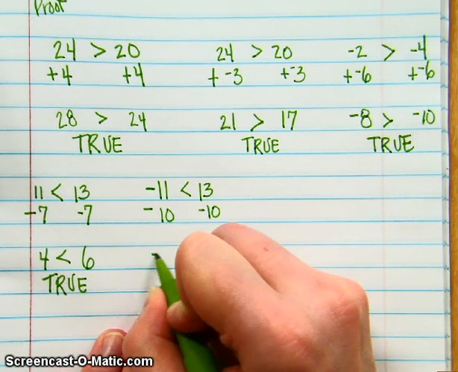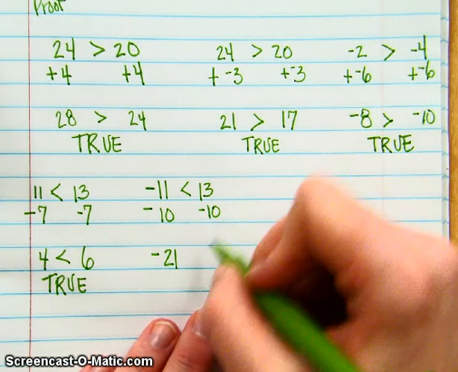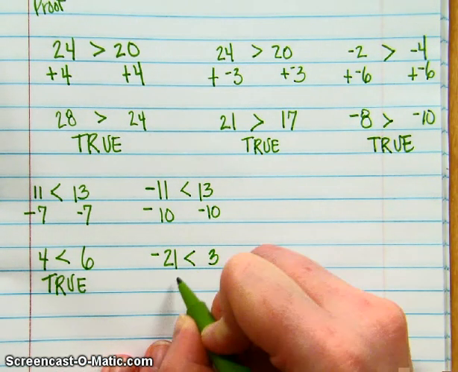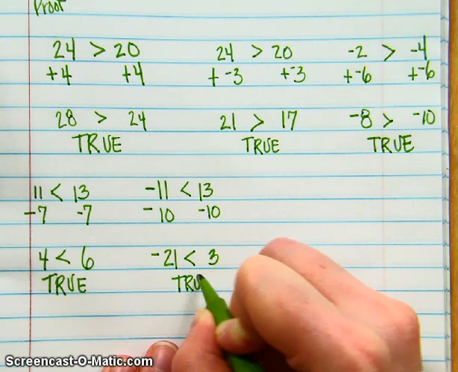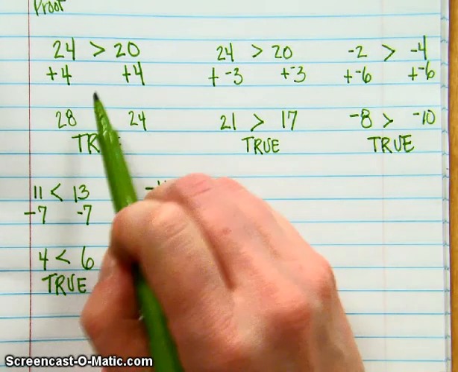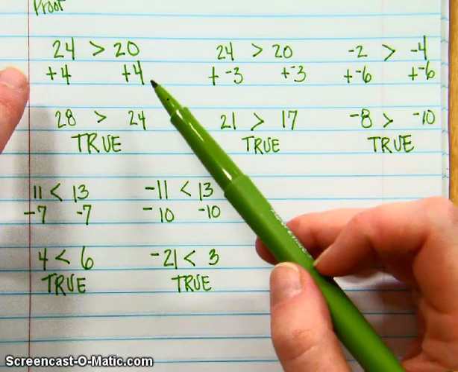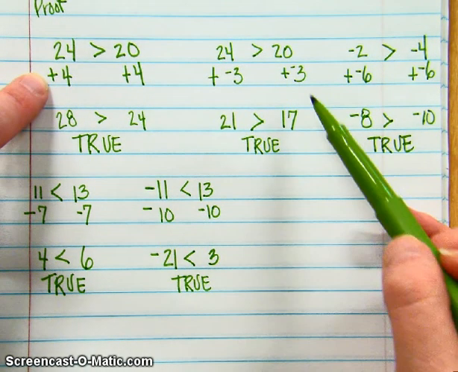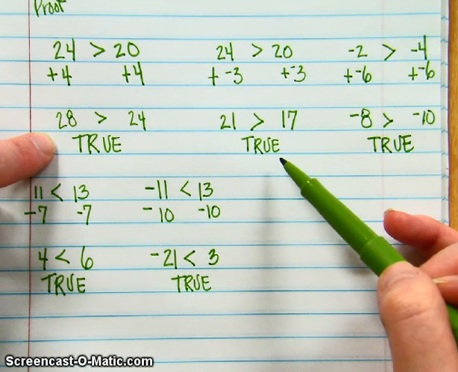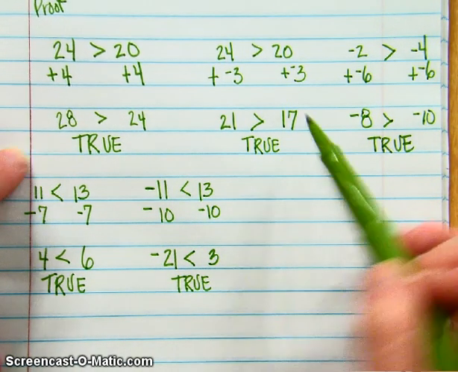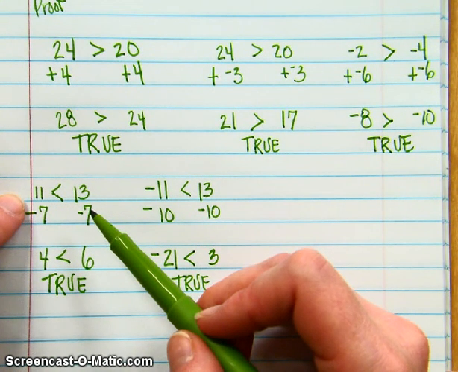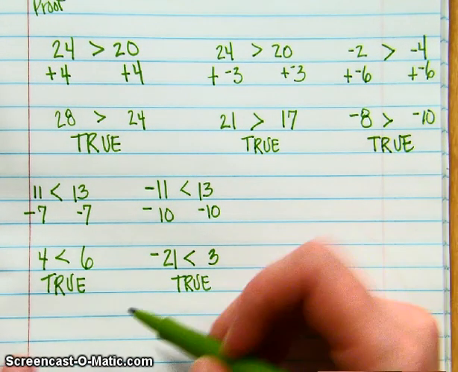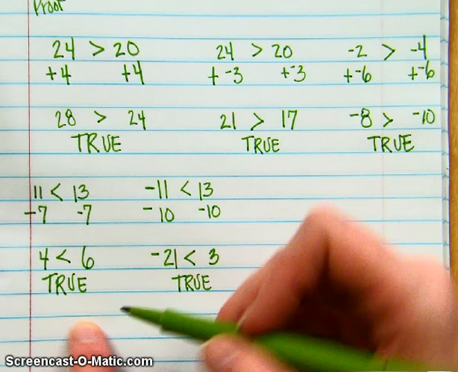Here I would have negative 21. Here I would have 3. Negative 21 is still less than 3. It's still true. So I've added stuff, whether I started with a negative and added a positive or added a negative, it still came up true if I did it to both sides. So if I start with a positive and subtract something, it's still going to come up true if I do it to both sides.